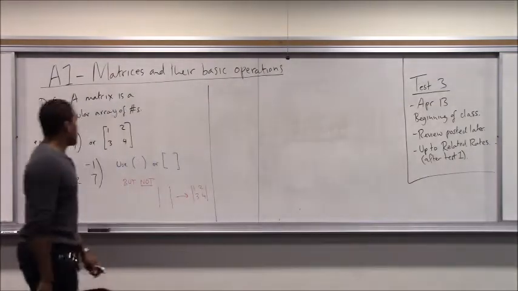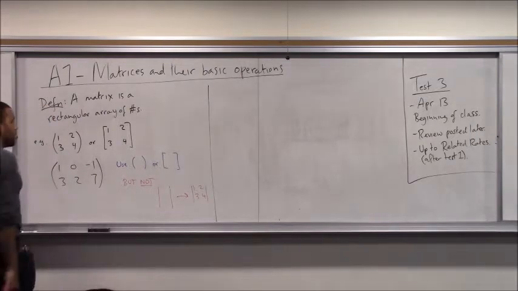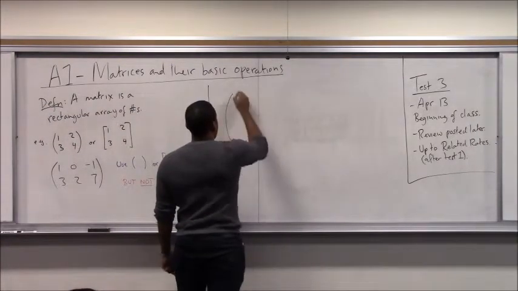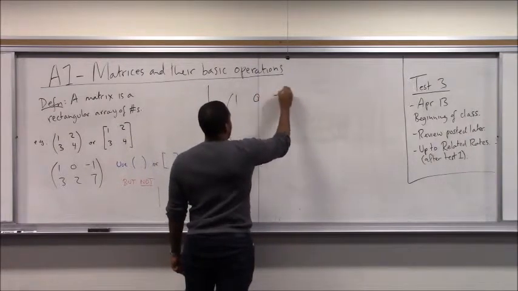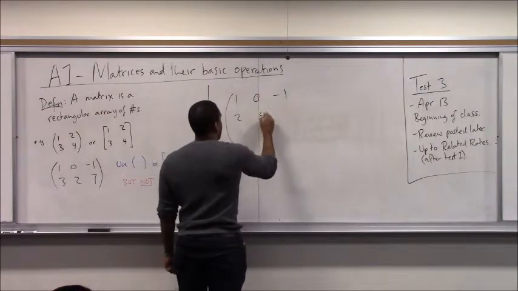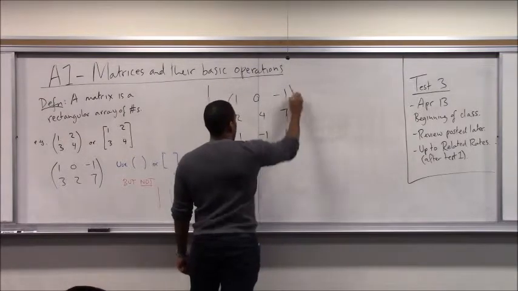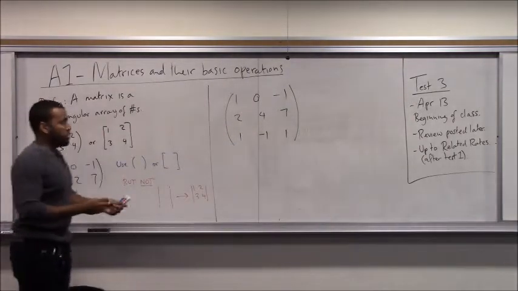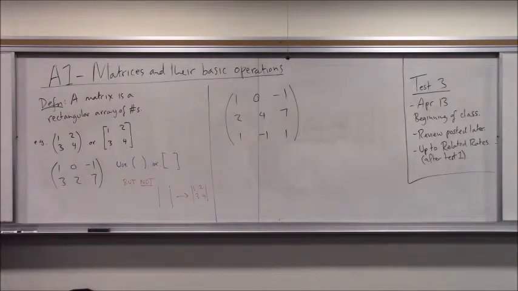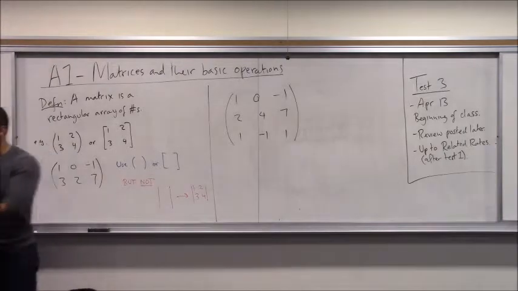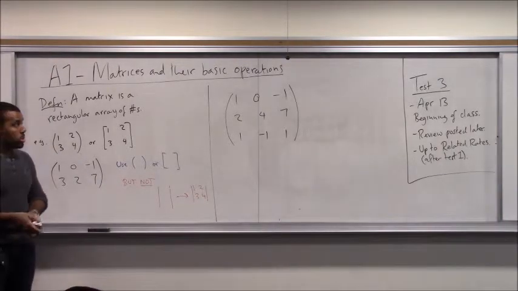And let's just look at the anatomy of a matrix. Let's say I have this matrix: 1, 0, minus 1, 2, 4, 7, 1, minus 1, 1. I defined all these terms that I'm going to use more technically in the handout, but it's okay for me to just show you on the picture how these things will happen.